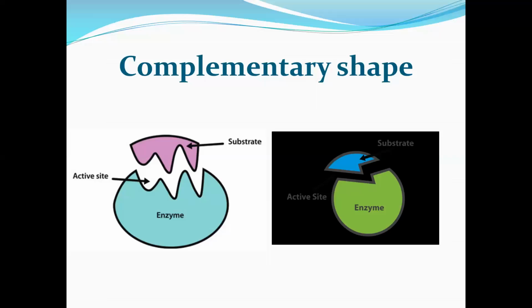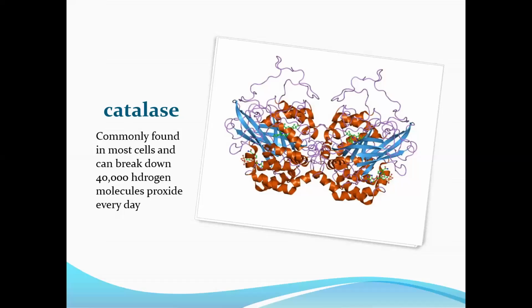The process can be very fast. It has been discovered that catalase enzymes, very commonly found in most cells, can break down around 40,000 hydrogen peroxide molecules every second.